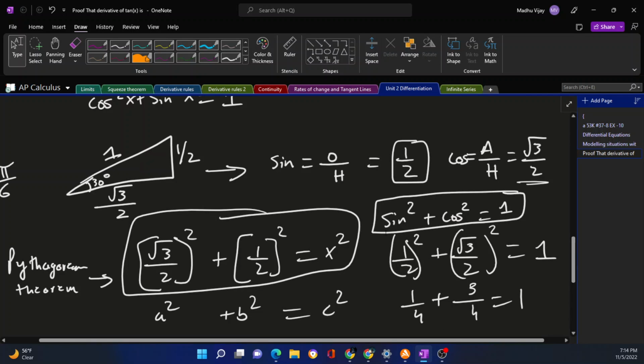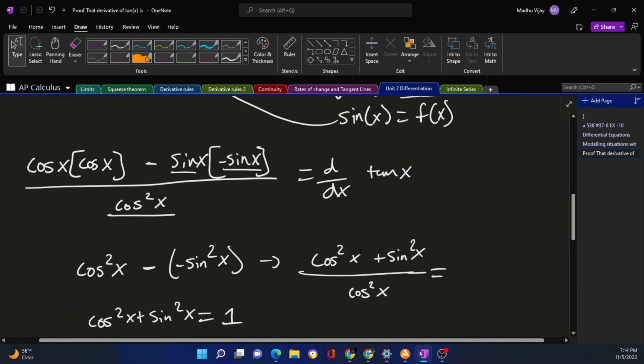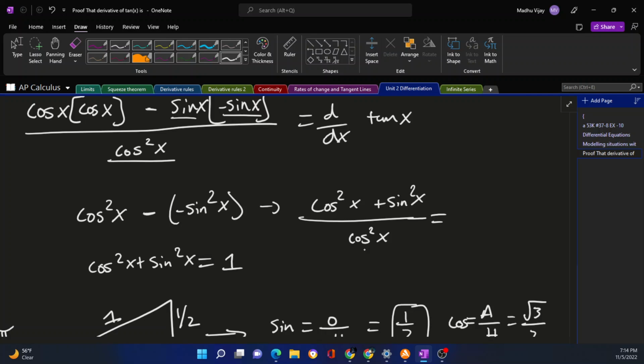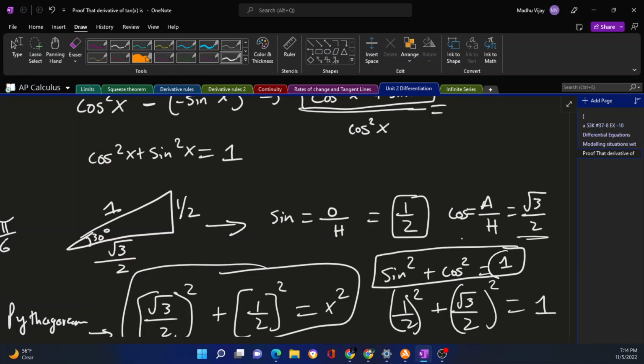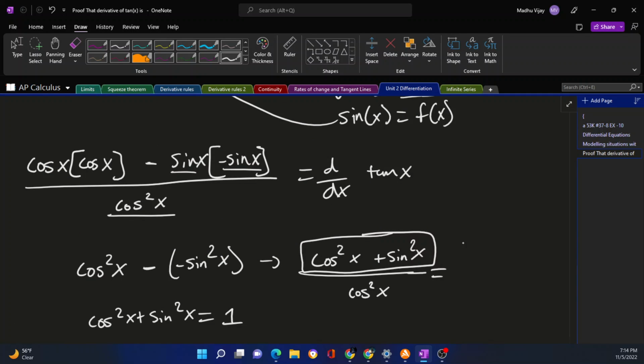So now given this information, going back to the derivative of tangent of x, we can just simplify this top part here, which is cosine squared x plus sine squared x. Since we found that that's equal to 1, we can call this 1 over cosine squared of x.